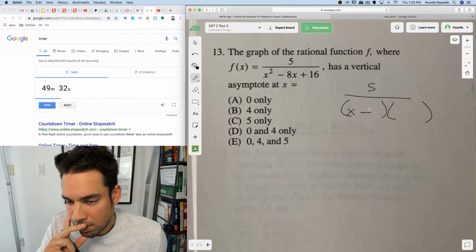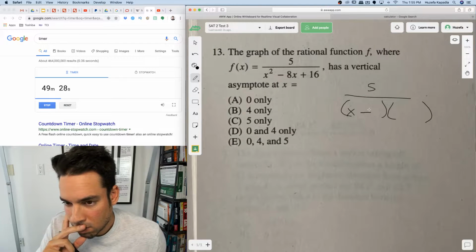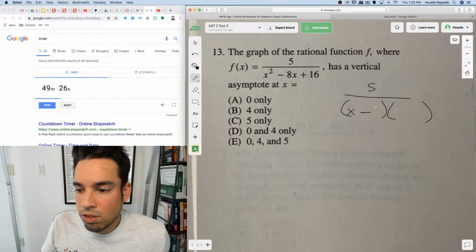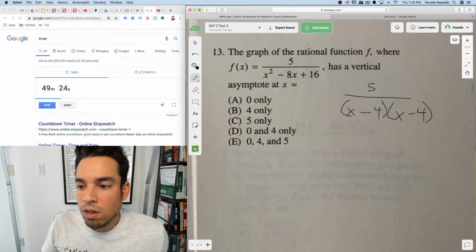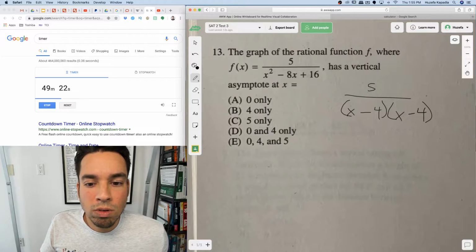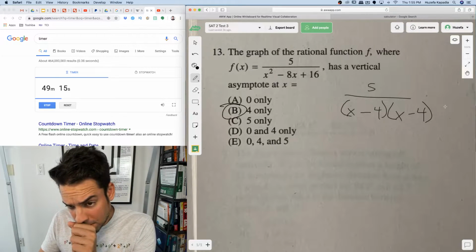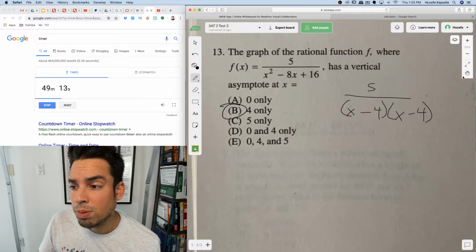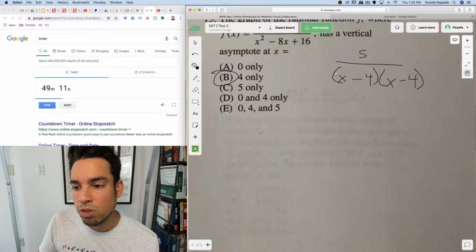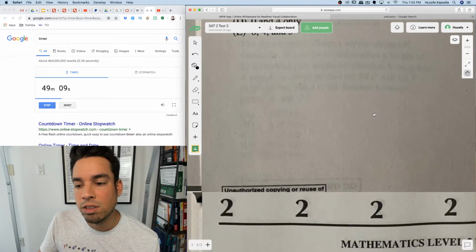It doesn't factor. 8 and 2. 4 and 4. X minus 4, x minus 4. And then the vertical asymptote is x equals 4. 4 only. I don't know where they get the 5 from. I don't even know what the 5 does. But yeah, the vertical asymptotes are where this goes to 0. Since it's a perfect square, it's only where x equals 4.